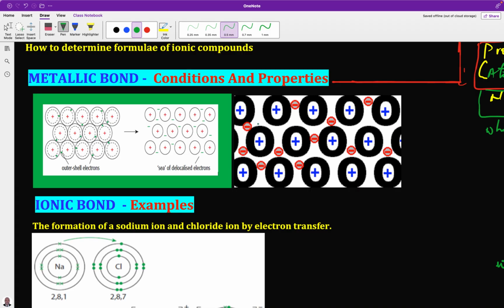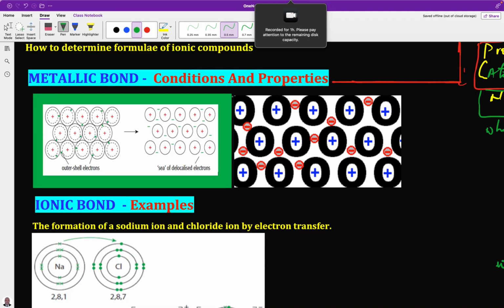Again, the size of the metal atom will also determine the strength of that bond. In this case, the smaller the size of the metal atom, the stronger the metallic bond. Why do I say the smaller the size, the stronger the metallic bond?